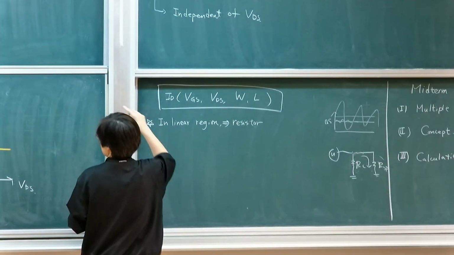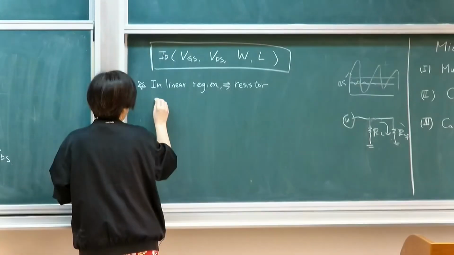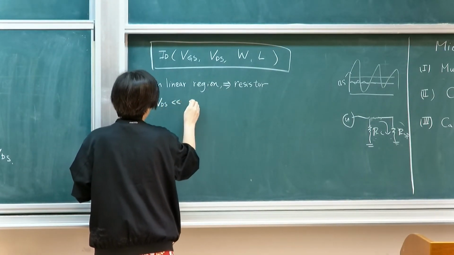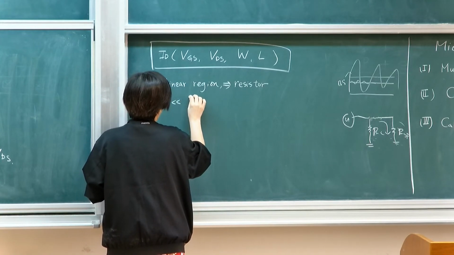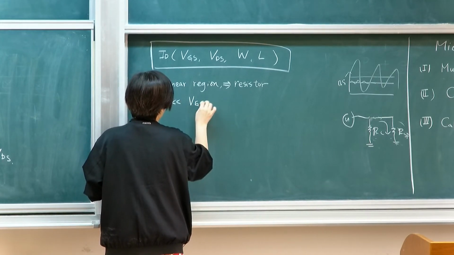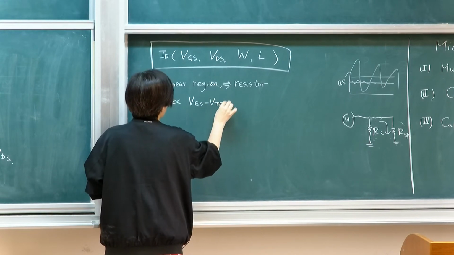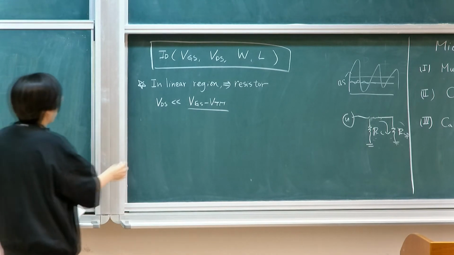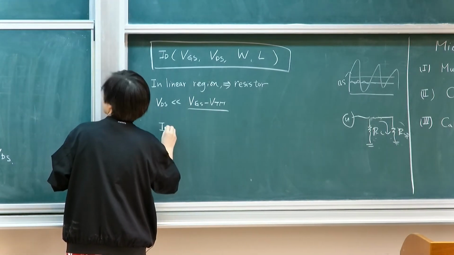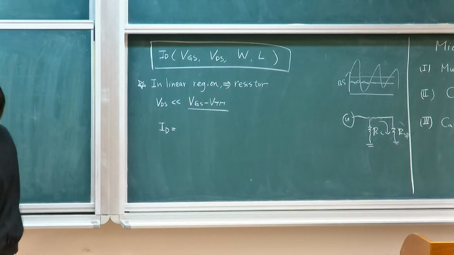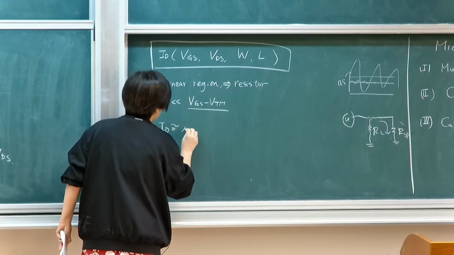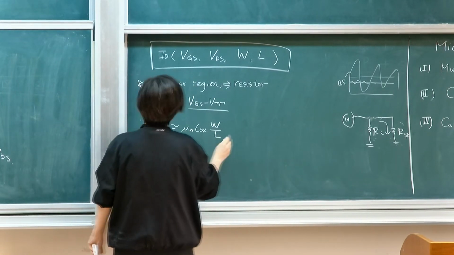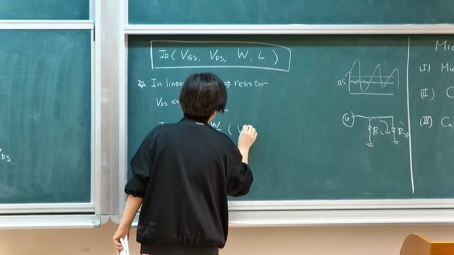If I'm operating when VDS is much, much smaller than VDsat, which is VGS minus VTH, if this is the operation region I'm setting my transistor to be in, then the drain current can be approximated by mu n Cx W over L (VGS minus VTH) VDS. Your current equation can be simplified. This constant is still the same, and it depends on only two things.